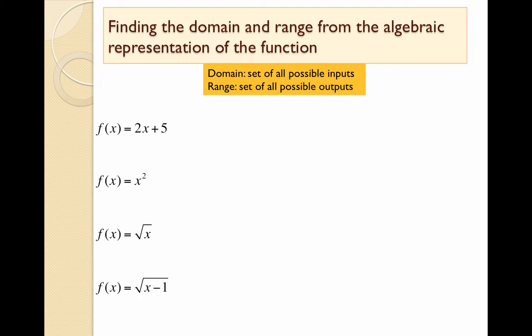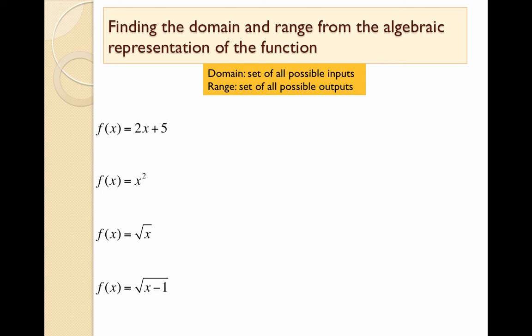So we've looked at finding the domain and the range from a table of data, and we looked at finding the domain and range from a graph, and we expressed the domain and range in interval notation. Let's see if we can pick out what the domain and range are when all we're given is the function itself.